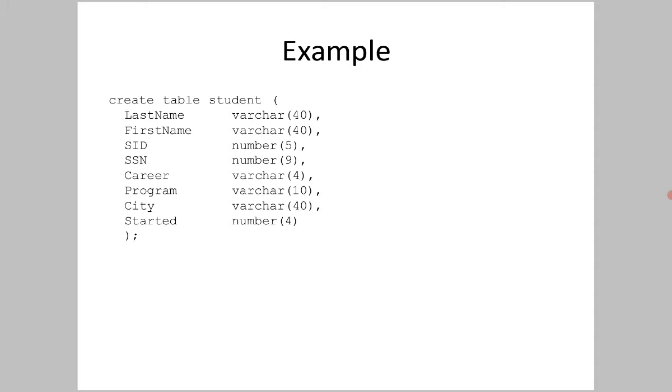What is the difference between char and varchar? Char is a fixed length field. Varchar means variable length records. So last name is varchar of 40, first name is varchar of 40, SSN is a number of 9 digits, like that.